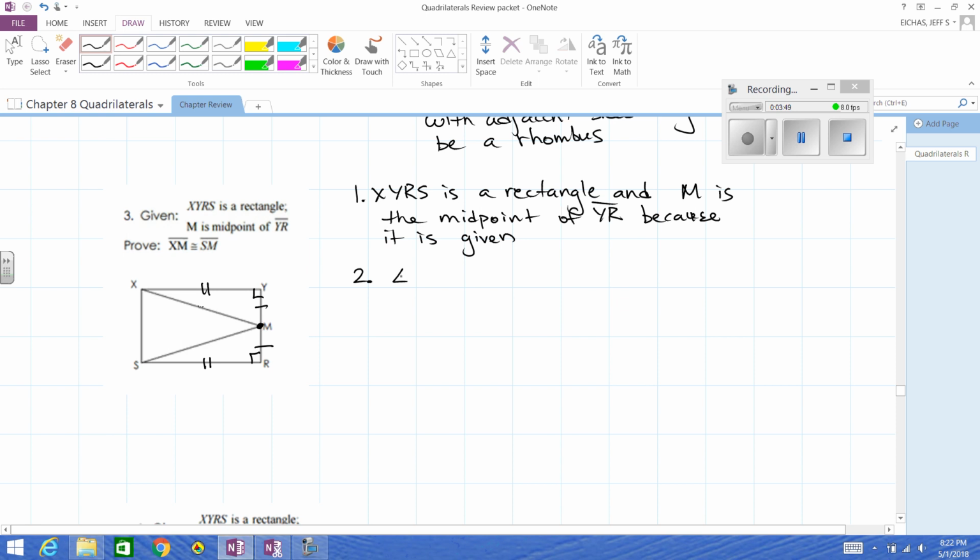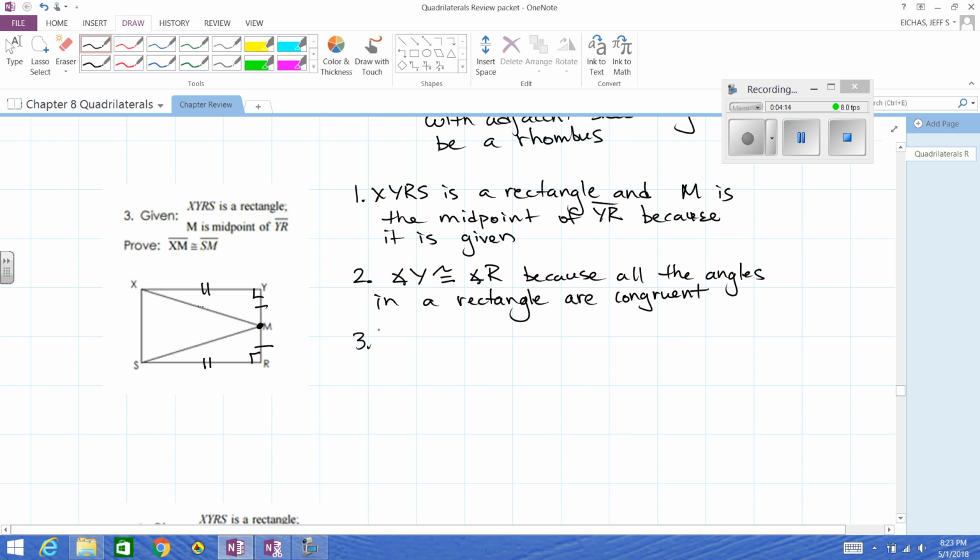All right, I'm not even going to say right angle, I don't need to. I'm going to say angle Y is congruent to angle R because all the angles in a rectangle are congruent. So I don't have to go through the process of them being right angles.